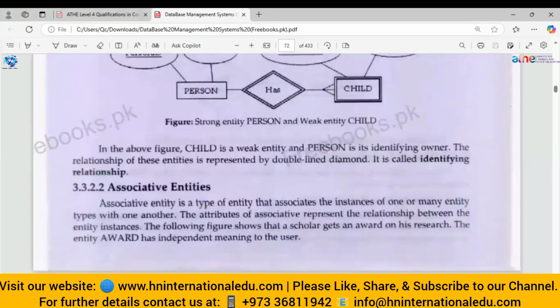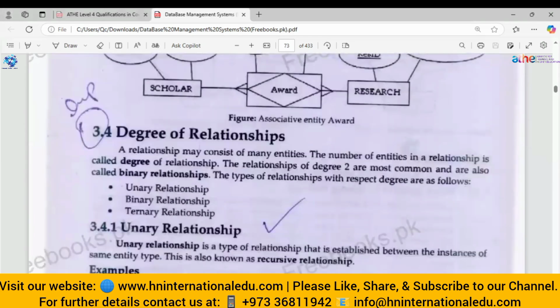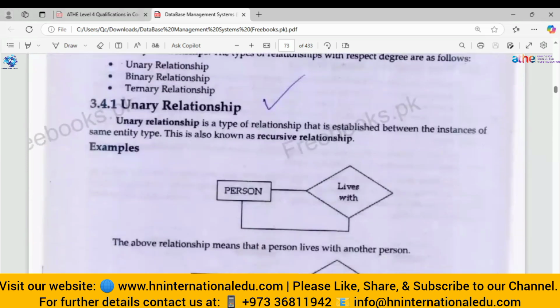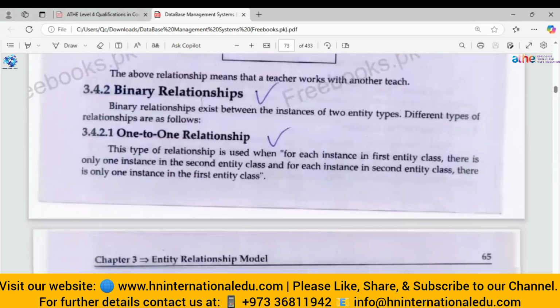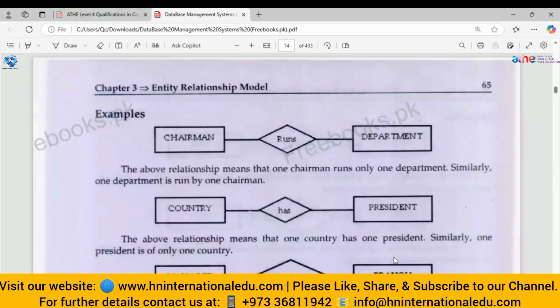So then we have discussed entities, then relationships. I told you that we have three types of relationship: unary, binary, and ternary. In unary relationships, I told you that only one entity is related with one other entity. Then in binary relationships, I told you that two different entities are related with one another.